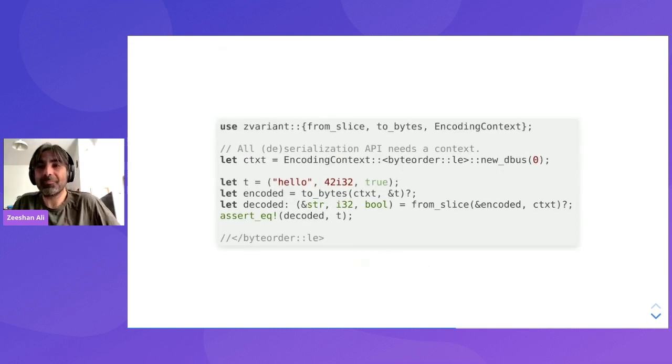The data you're passing for encoding doesn't have to just implement the serialize or deserialize traits of Serde, but it also has to implement one more trait, which is a very simple trait, but you have to provide it because dbus uses something called a signature. Each piece of data that goes on dbus has a signature, which is a string describing the data types.